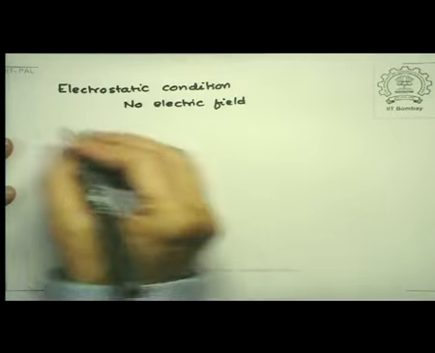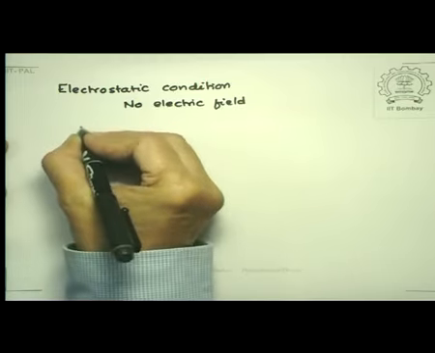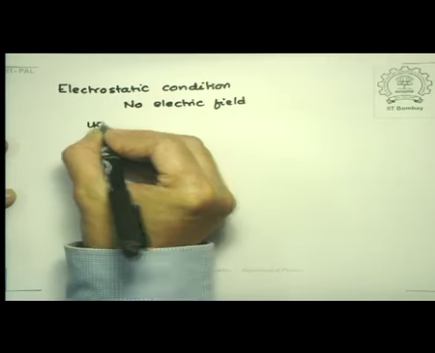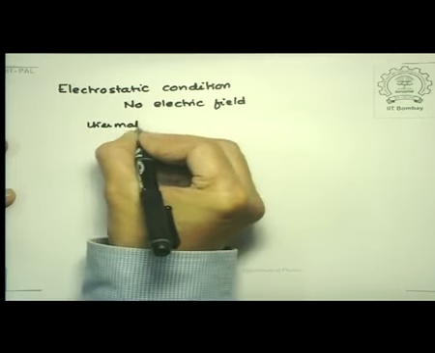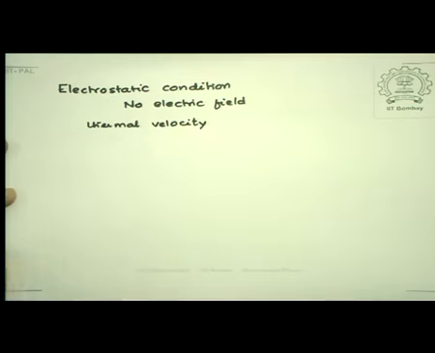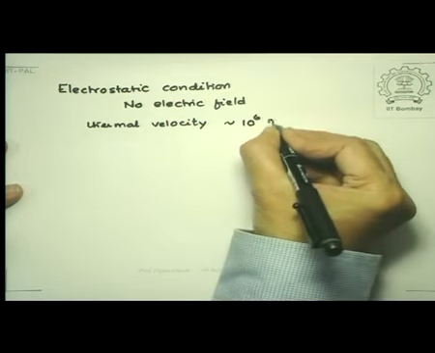So what happens is that in such a situation, the free electrons themselves have what are known as thermal velocities. Now typical thermal velocity of electrons in a metal is of the order of 10 to the power 6 meter per second. Fairly large.